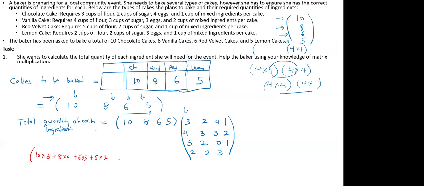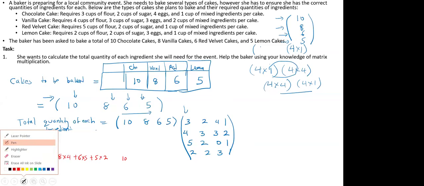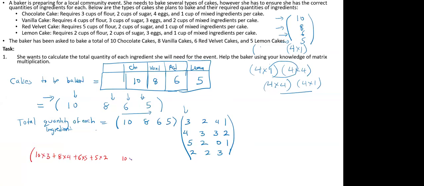Then this is the matrix I'm forming. Then I'm going to go on and I have 10 times 2 plus 8 times 3 plus 6 times 2 plus 5 times 2.